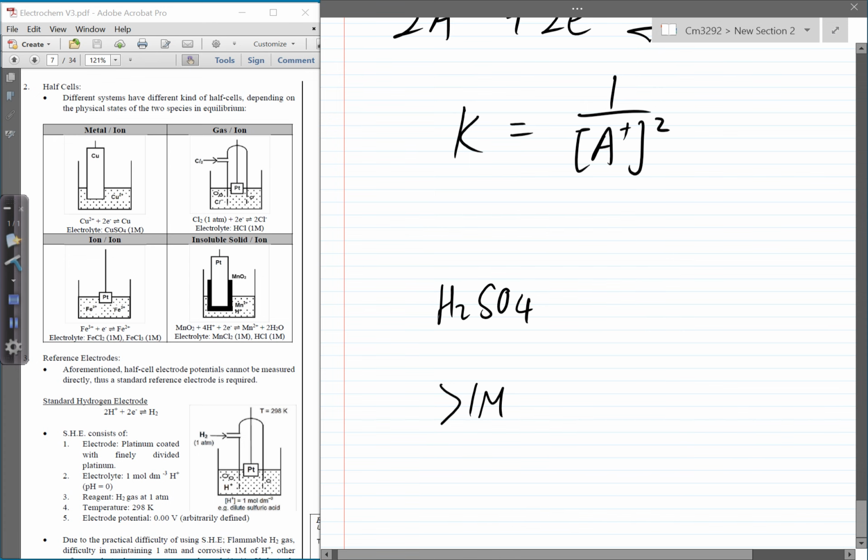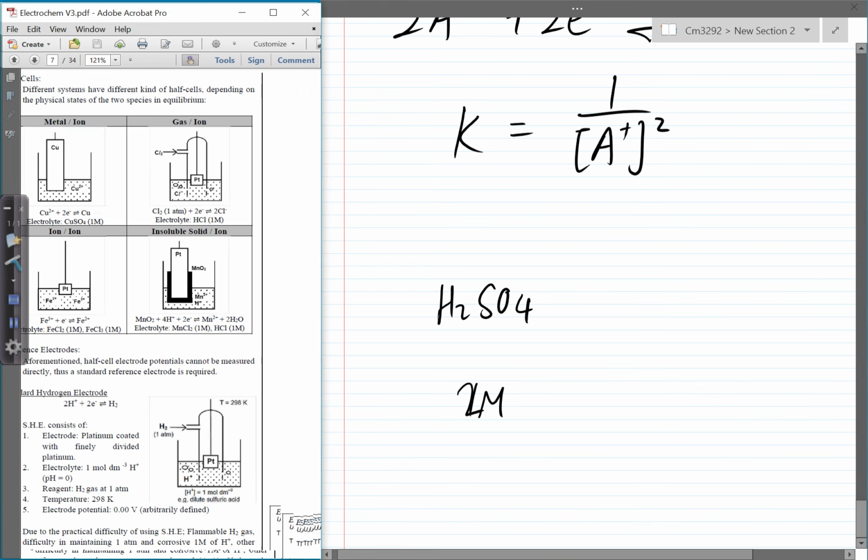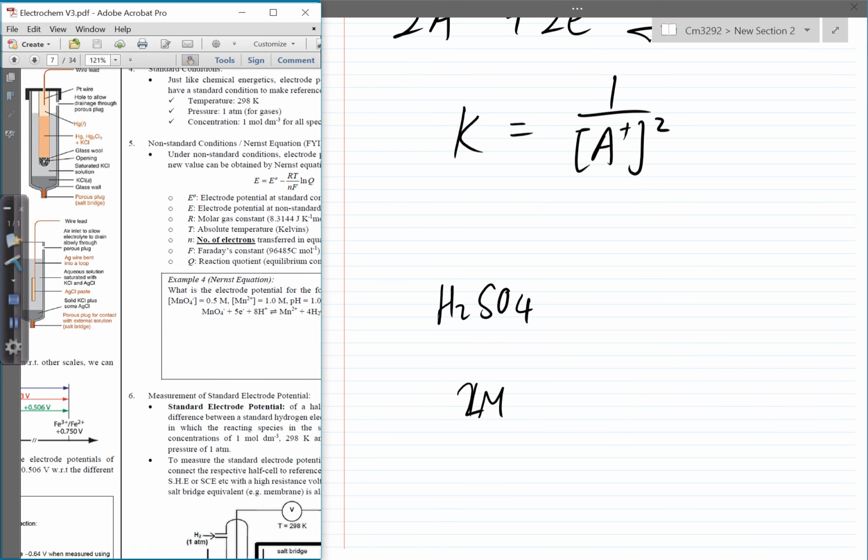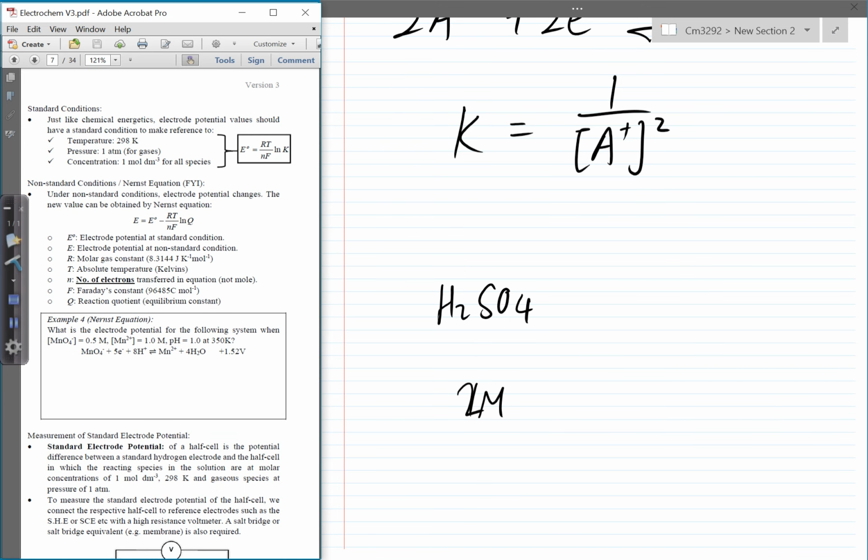So if it's more than 1 molar, we realize that if we sub back into this equation, it will no longer be 1. So if we assume both to be strong acid, we have to use 0.5 mole per dm cube of this instead of 1, right? So just take note of that, so we don't make any careless mistakes, right?